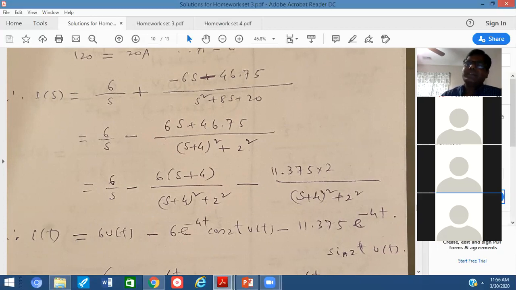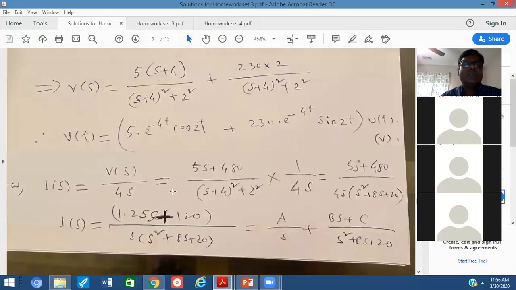Most of you did not do these things. Once you got the VT, you said okay, VT equals L di by dt, and then you calculated IT by the integration rule. You went to the time domain. You cannot go to the time domain in that way because you remember that there are initial conditions.